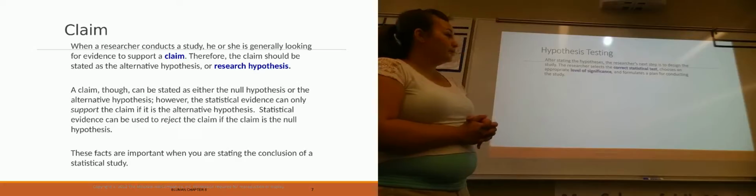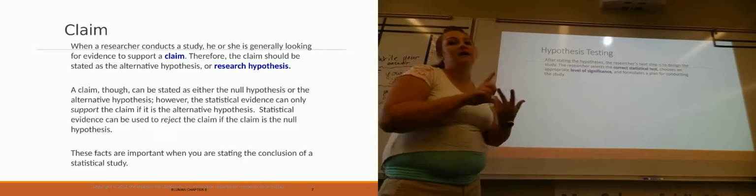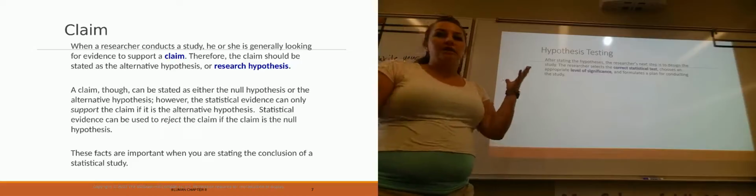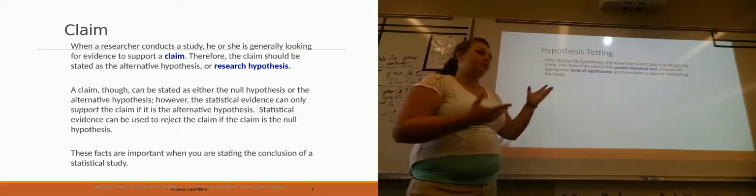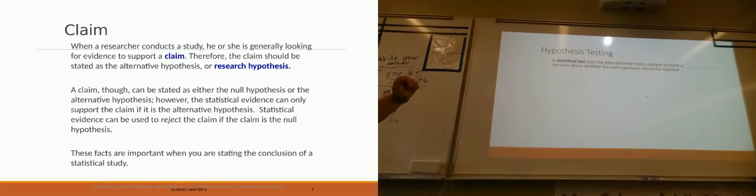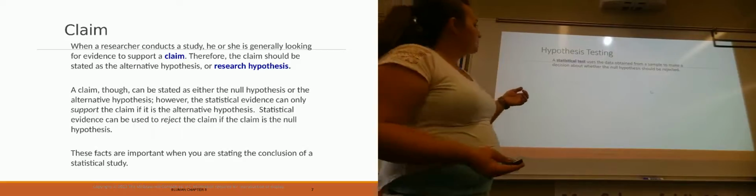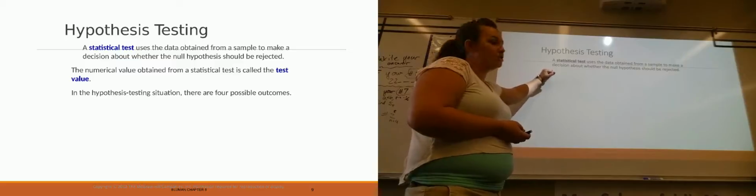Then we'll choose an appropriate level of significance. Remember, that's our 90, 95, 99% confidence. And then formulate the plan for conducting your study. A statistical test uses the data obtained from a sample to make a decision about whether the null hypothesis should be rejected.